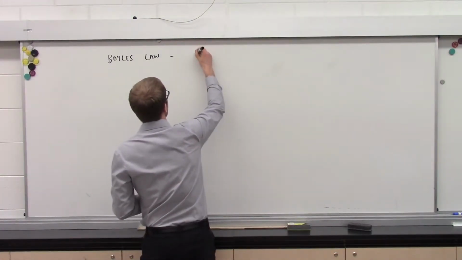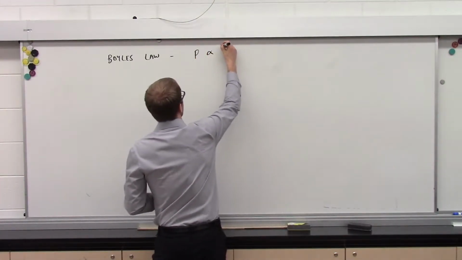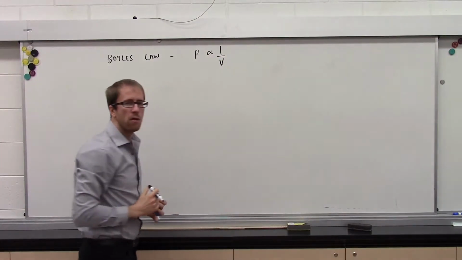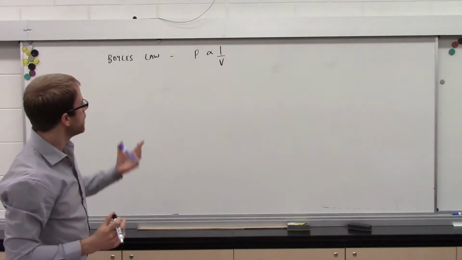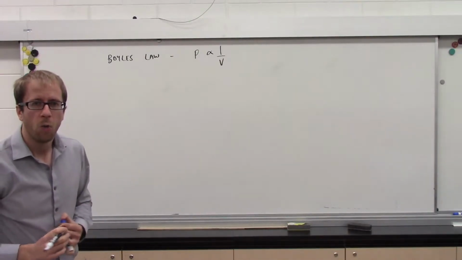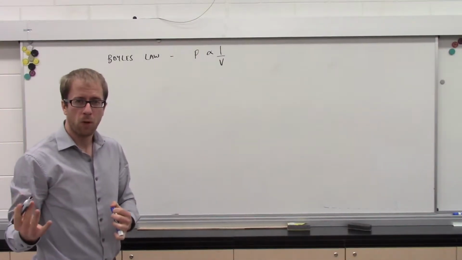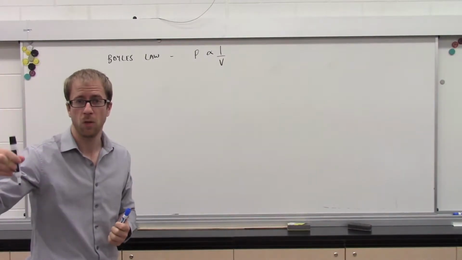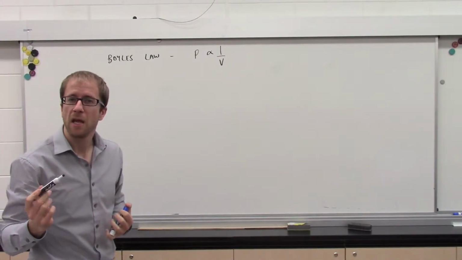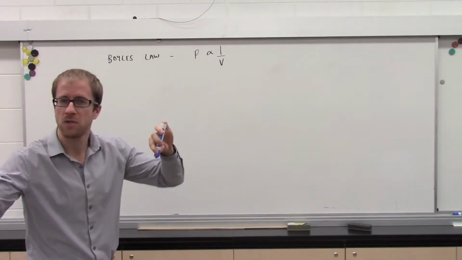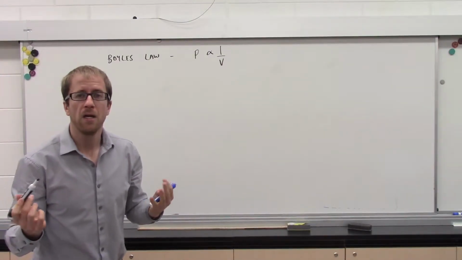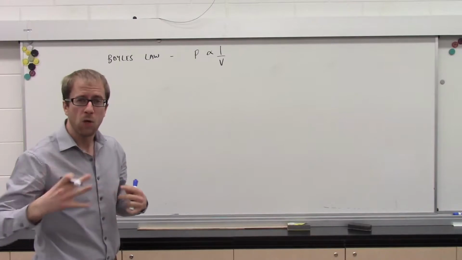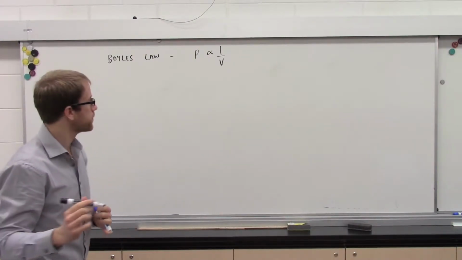Our pressure and our volume were inversely proportional. What does that mean? Well, if they are inversely proportional, that means that if our pressure goes up, our volume goes down. And let's say if our volume goes up, our pressure goes down, and vice versa, right? So they have equal but opposite changes.